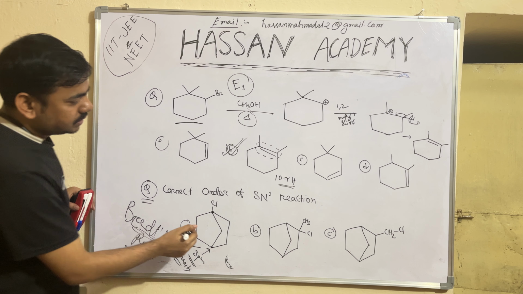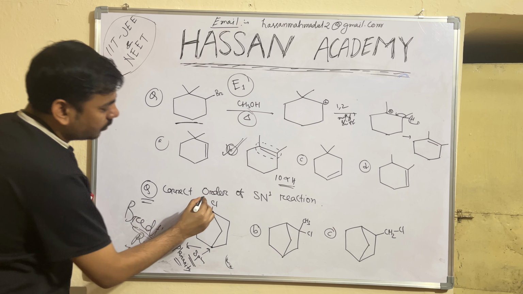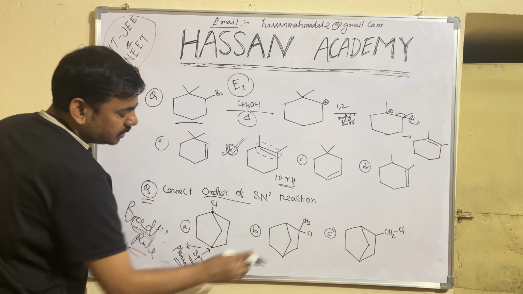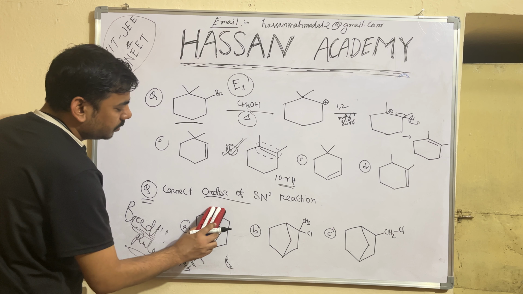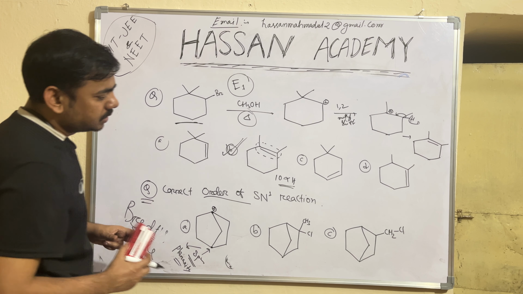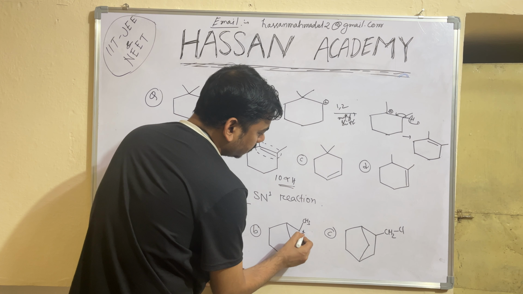Now they have given three compounds, right? And based on these three compounds, where will SN1 be faster? I have not given options, you have to tell your own option: A, B, C, three options are there. What is SN1? SN1 means you have to remove the leaving group and create the positive charge. That's all about SN1. Here also you can remove and form a positive charge, and here also.